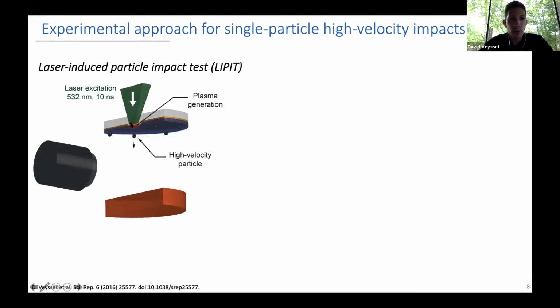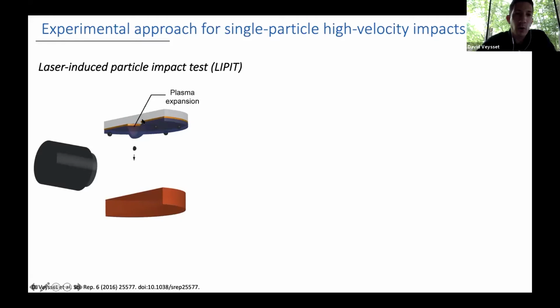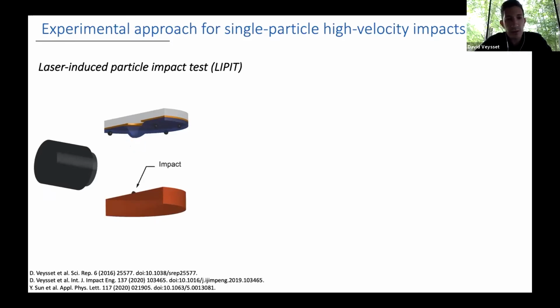Upon laser absorption and ablation, you generate a plasma, and the plasma quickly expands and pushes this elastomer layer, on top of which we deposit microparticles. As this polymer layer deforms upon plasma expansion, it pushes the particle into air or vacuum, and then we position a target in front of it, and we can look at the impact as it happens.